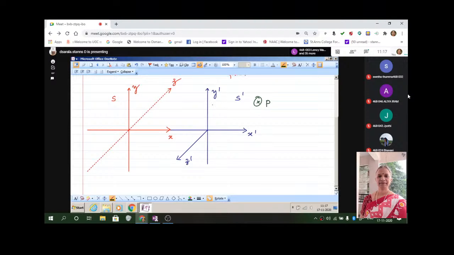Let us say that the frame S prime is moving with a velocity v. We said it is a moving frame, so let v be the velocity of this moving frame, which we are calling the S prime frame.